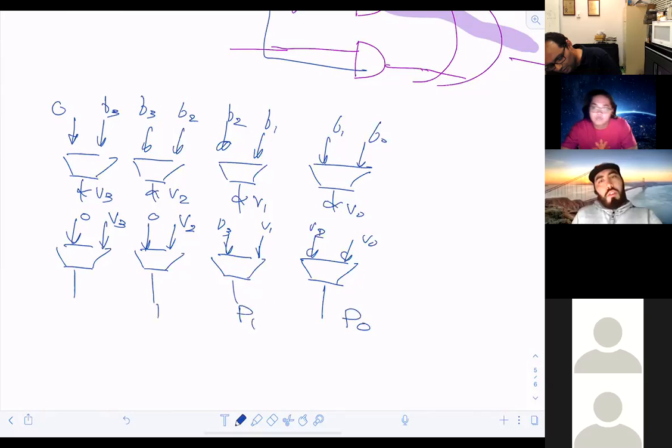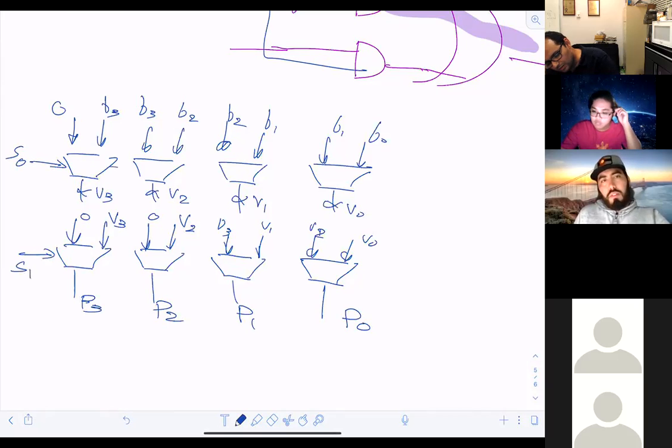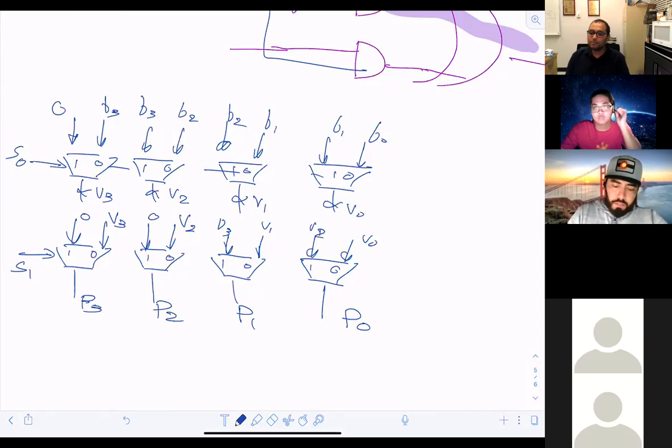Now we're going to have P0, P1, P2, P3. Here is S0, here is S1. Can you explain why P3 has a 0 on top of the 1?